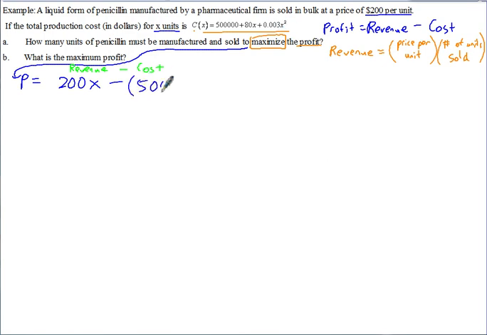So you're subtracting the whole thing, so 500,000 plus 80x plus 0.003x squared. So this is already in terms of one variable, so we don't need a second equation in this case. So it'd be 200x. We distribute out that negative, it's negative 500,000. And then minus 80x.